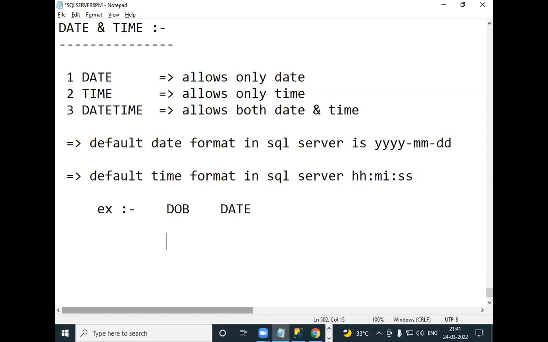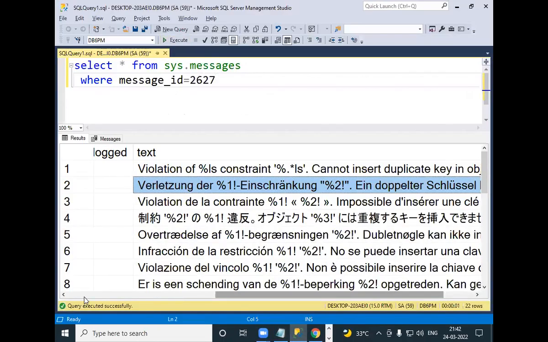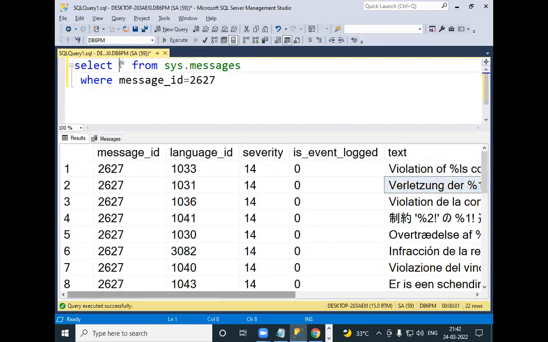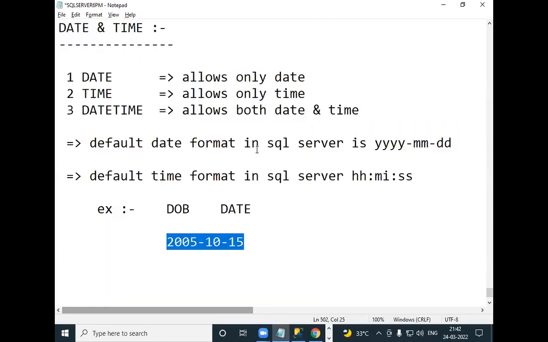You have to enter it in this format: 2005, then hyphen, then 10, then hyphen, then 15. So year, month, day.